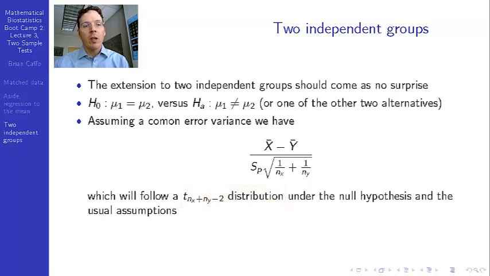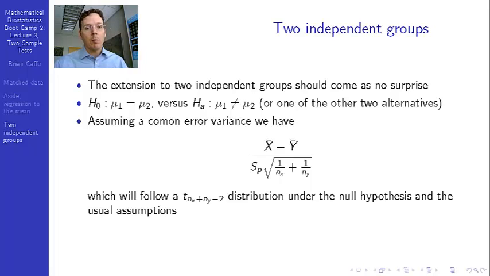We covered this in Boot Camp 1 when we talked about confidence intervals. Basically, when we created the interval x bar minus y bar plus or minus this t quantile times this standard error, it's exactly the same thing, and it follows exactly the same logic. The normalized test statistic is the estimator minus the hypothesized value under the null hypothesis, divided by the standard error.